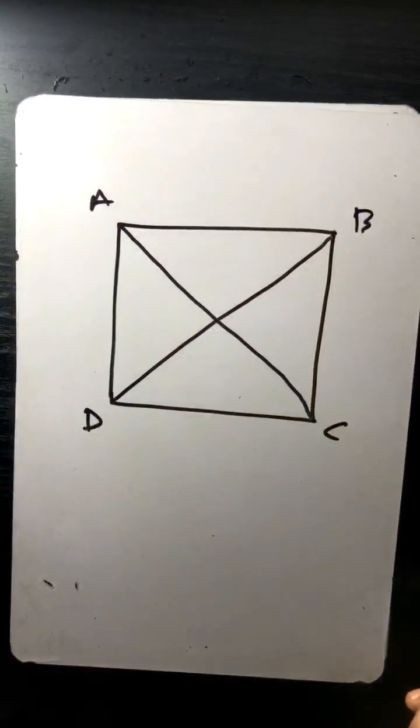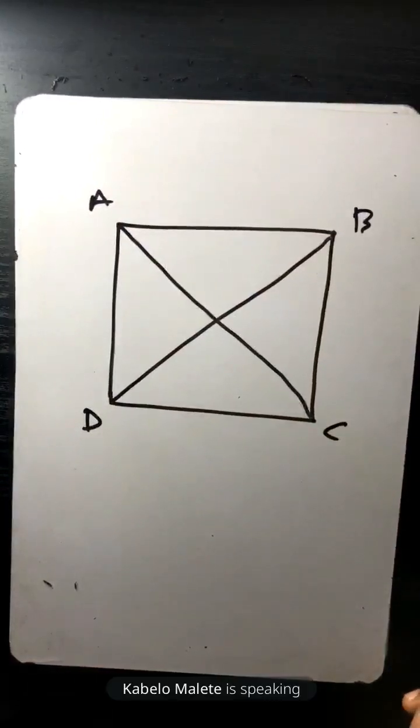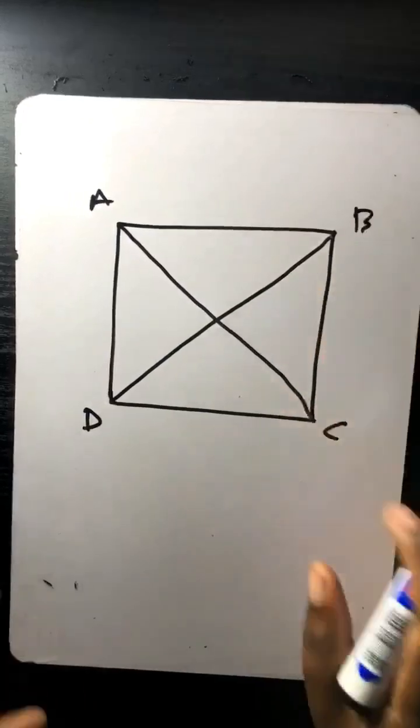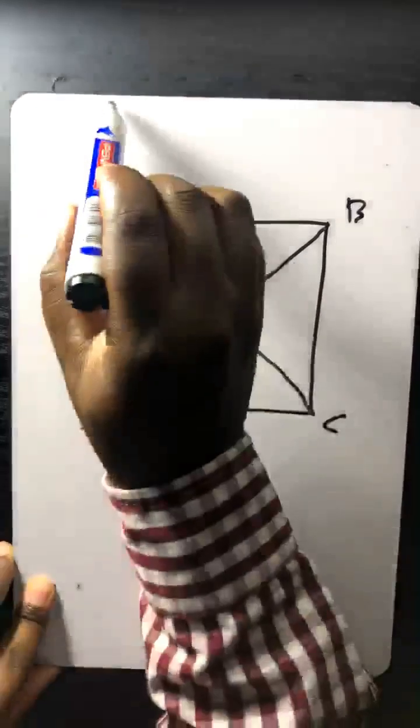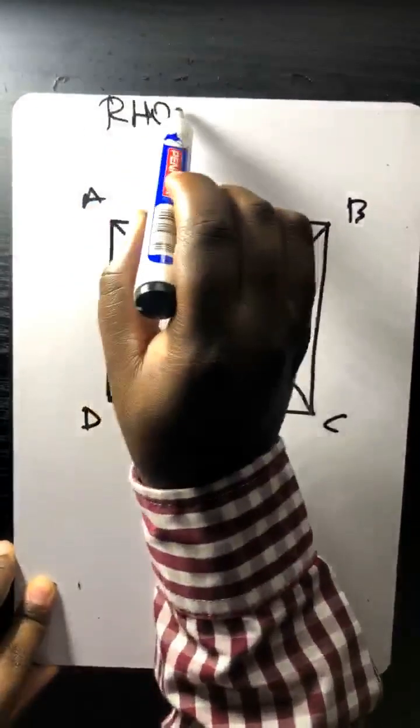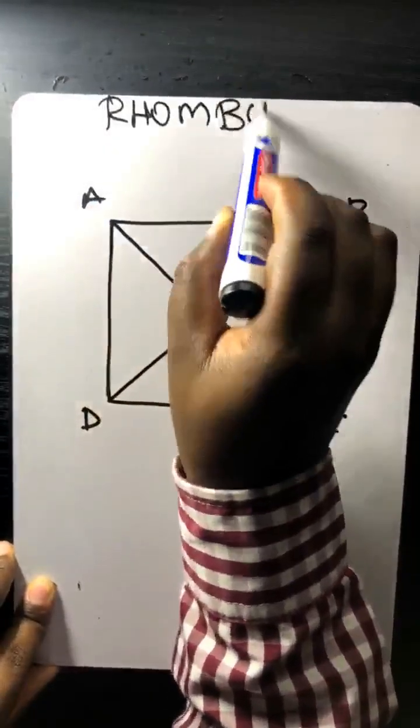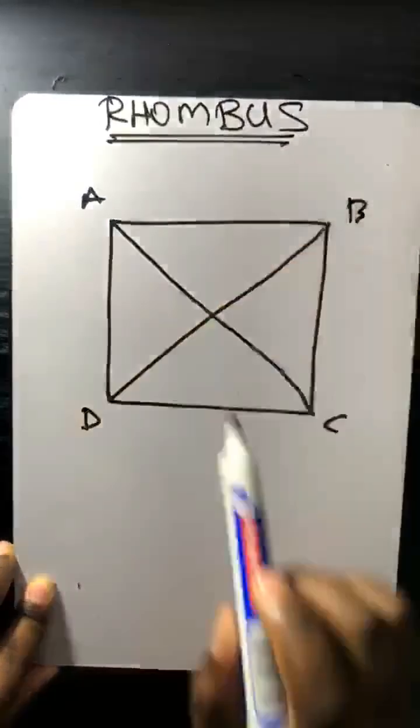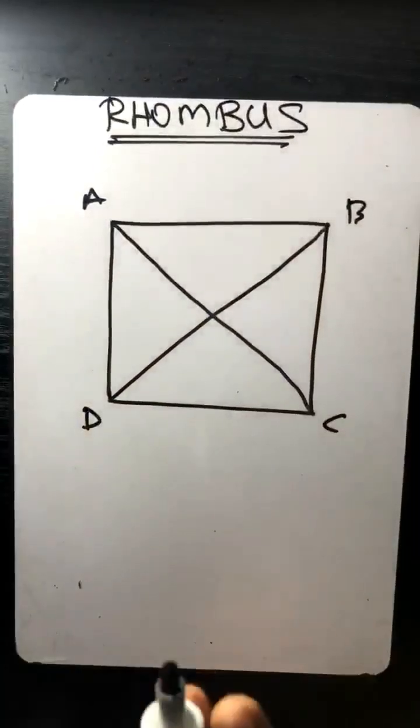Okay, sir. So, sir, we assuming that all the sides are equal. Okay, wait. According to rhombus, we don't assume, but they are equal. According to the properties of rhombus, we don't assume, they are equal.